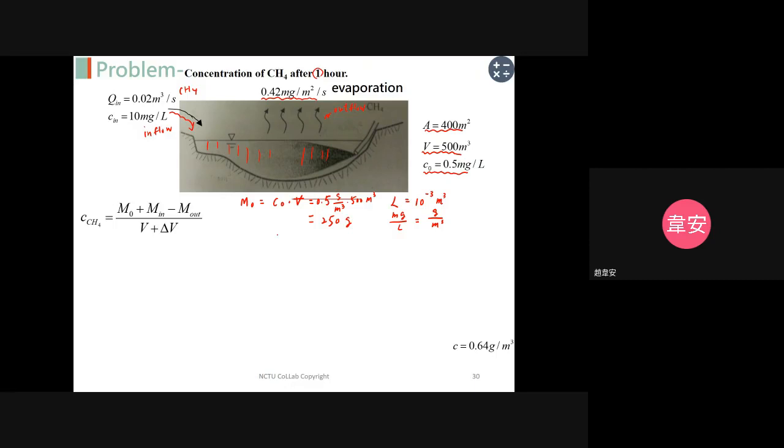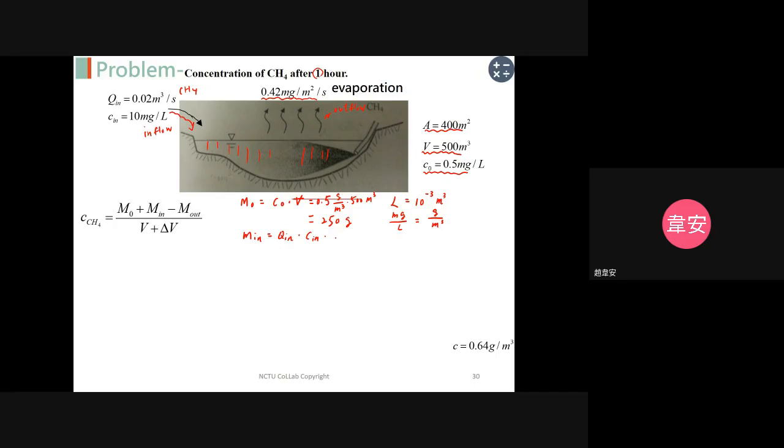Okay, and what is the mass from the inflow? So we have the discharge here, Q in, multiplied by the C in, and the time change is 1 hour.